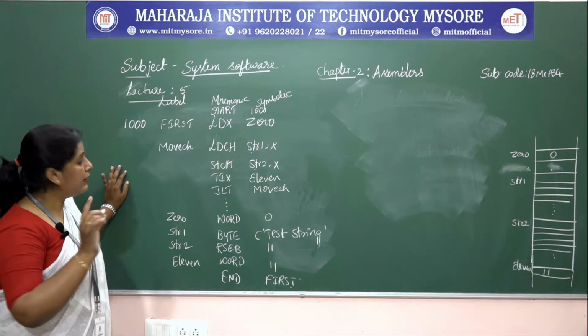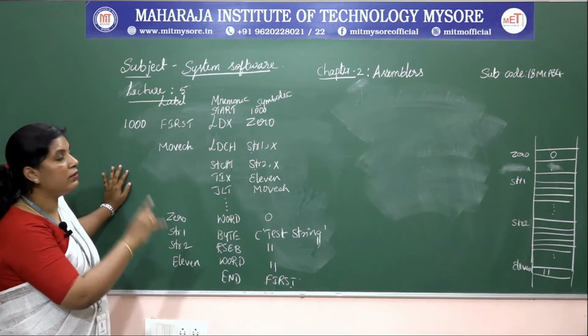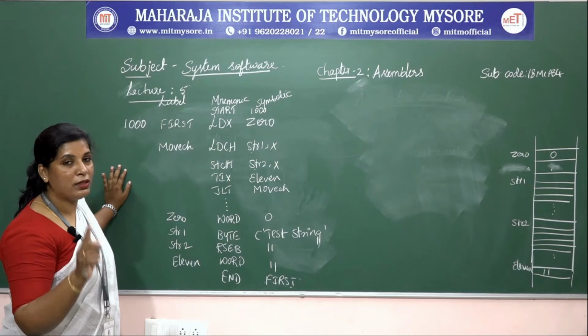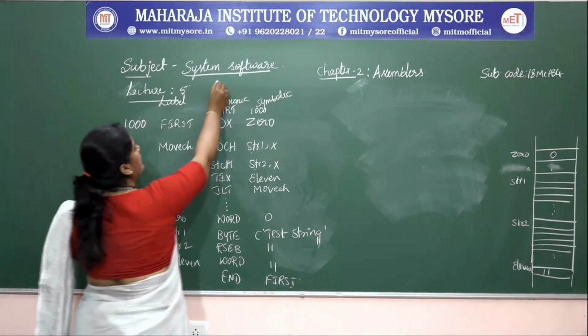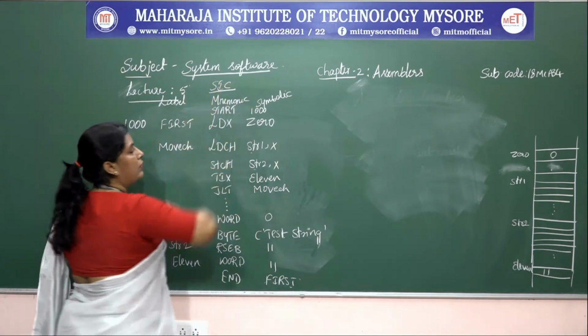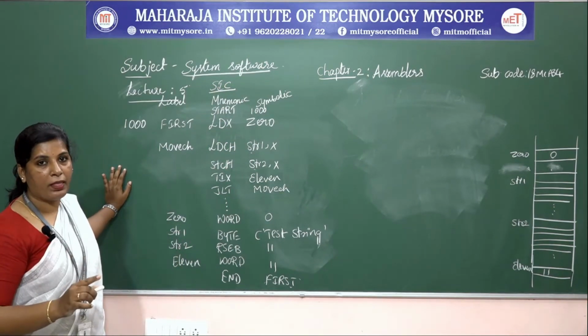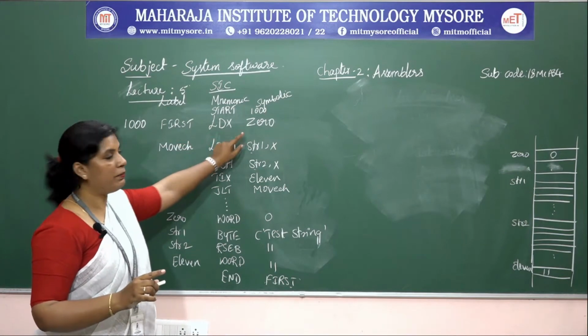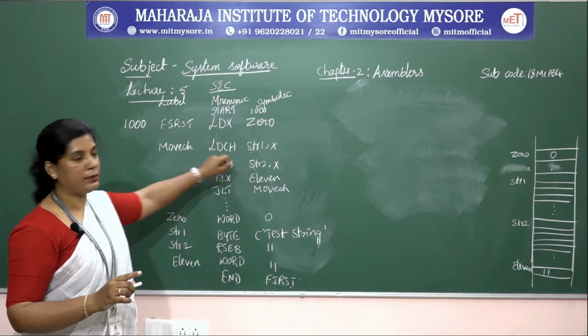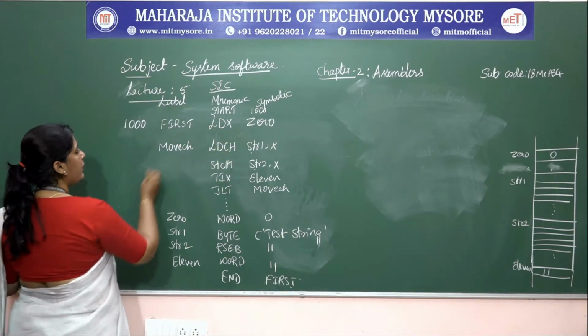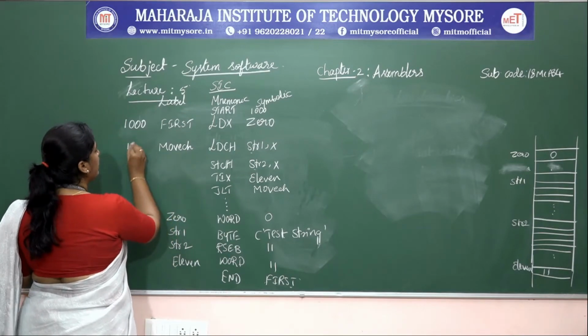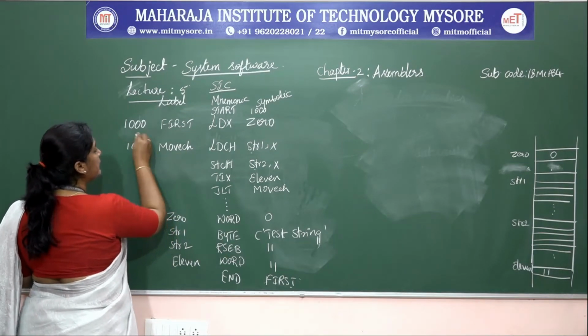Since this program is written using SIC, in a SIC program every instruction length is 3 bytes. So this instruction is 3 bytes, this instruction is 3 bytes, and so on. What is the next instruction? It is 1003, that is 1000 plus 3 bytes.